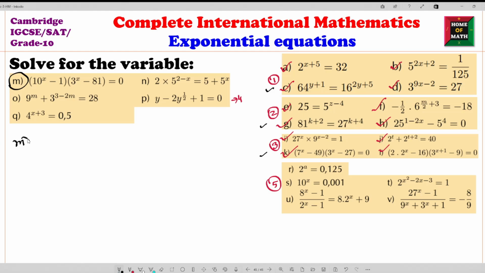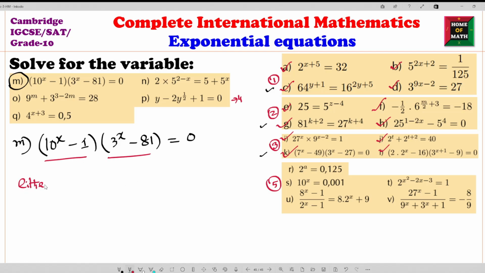Number M. 10 to the power x minus 1 times 3 to the power x minus 81 equals 0. So here are two expressions, either 10 to the power x minus 1 equals 0, or we can write 10 to the power x equals 1.